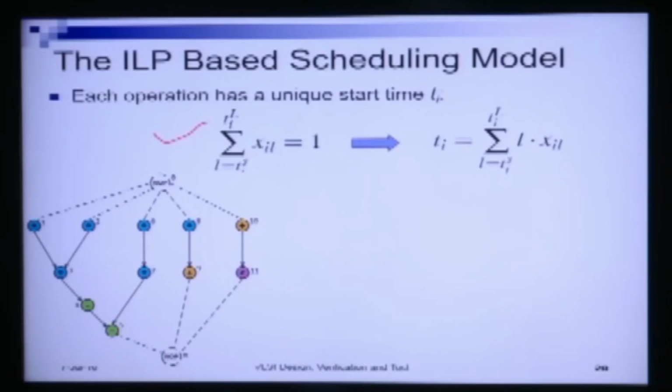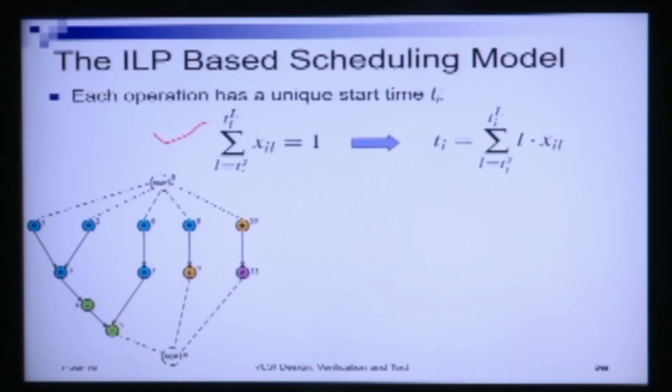However, an operation must have a unique start time. The same operation in the same solution cannot have more than one start time. So, to denote this through a constraint in the ILP model, we have an objective function and a set of constraints. To model that an operation can start at one and only one time step, we apply the constraint shown on the left: summation over l equals T_i^S to T_i^L of x_il equals 1.